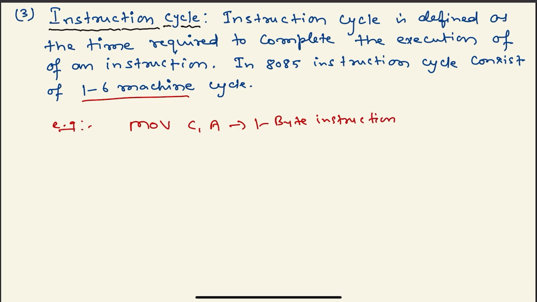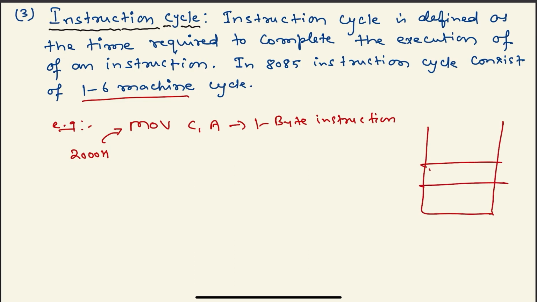Let's say this is stored at memory location 2000H in the memory system. This is 2000H as the memory address, and the code for MOV C, A is, let's say, 4FH, stored here. That is the opcode. So this is a 1 byte instruction.